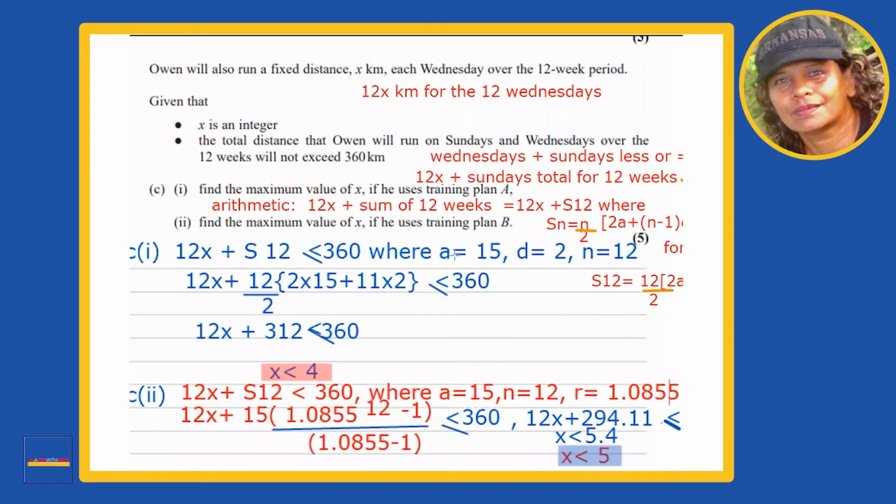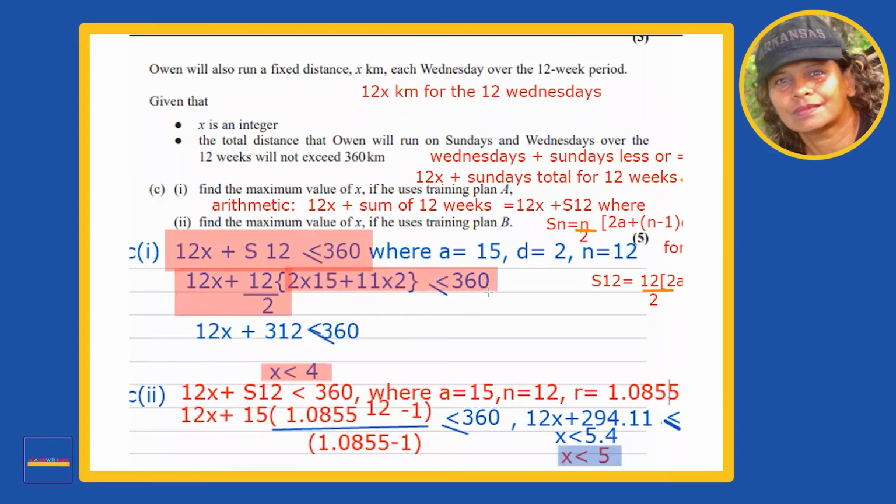And now I'm going to substitute all of it in here. So we have 12x plus S12 is less than or equal to 360. S12 is 12 over 2 into 15 because a is 15, plus 11 into d where d is 2.